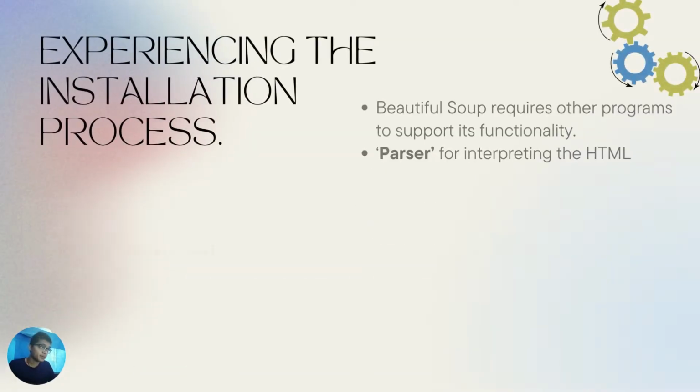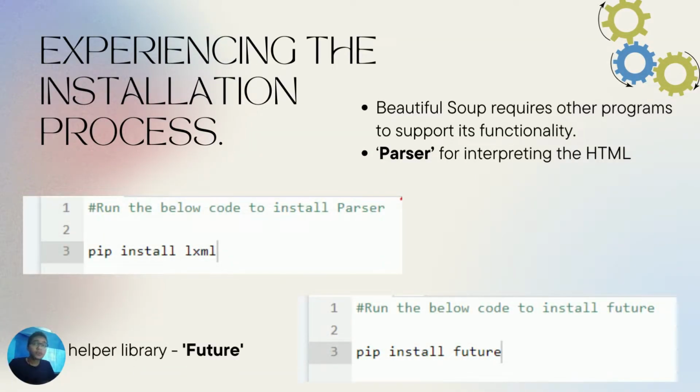But here comes a twist. Beautiful Soup requires other programs to support its functionality. So, Beautiful Soup is not a one-man standing program. It also needs support of other programs to run efficiently and deliver what it promises.